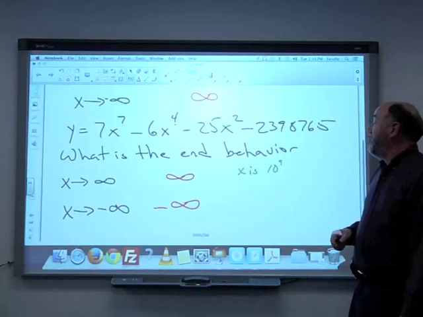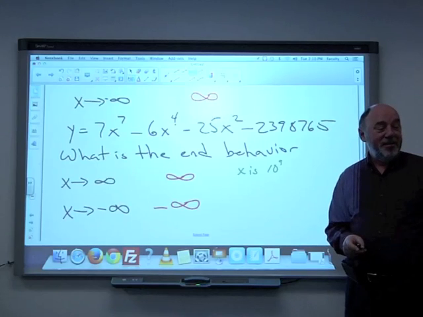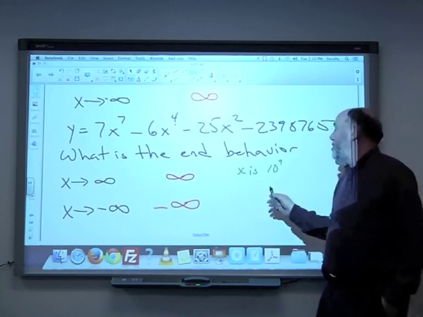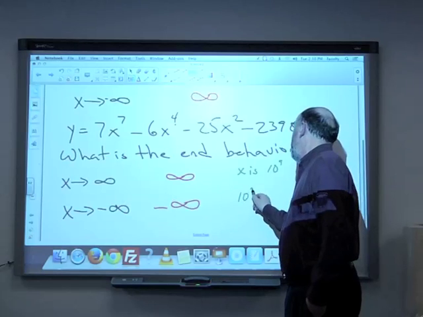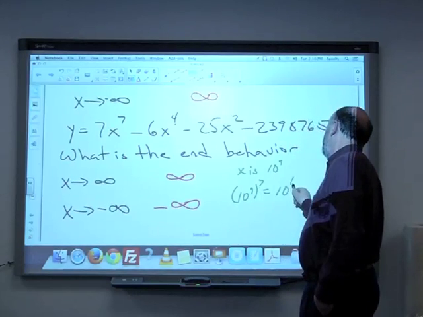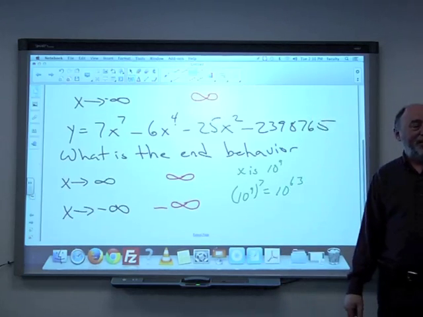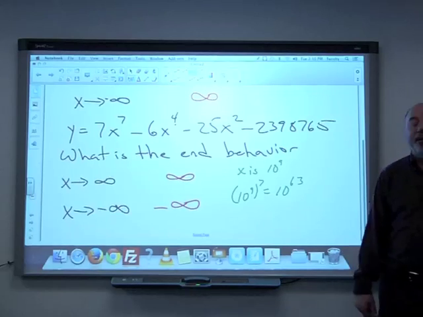Well, what is 10 to the 9th raised to the 7th power? It becomes 10 to the 63rd. Remember, whenever you have a power to a power, you multiply.